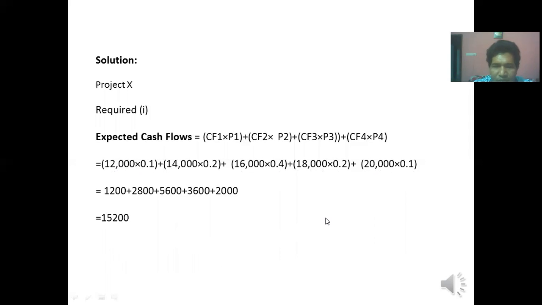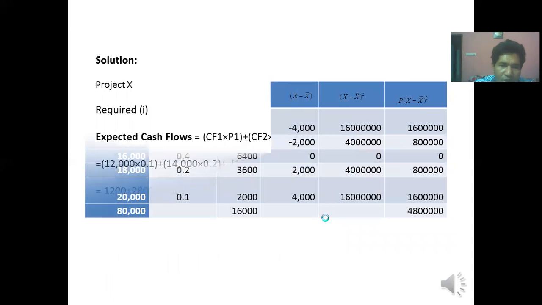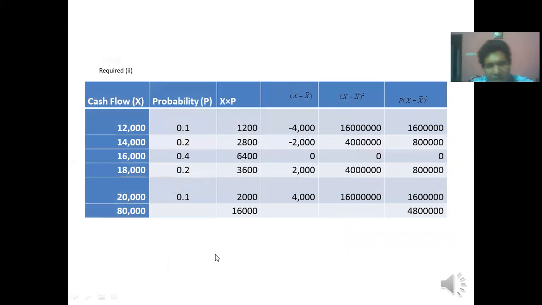In the same way, we have to calculate expected cash flows for project Y. Now we will discuss how to calculate variance and the standard deviation. And here is the table for the calculation. Cash flows 12, 14, 16, 18, 20, and total cash flow is 80.